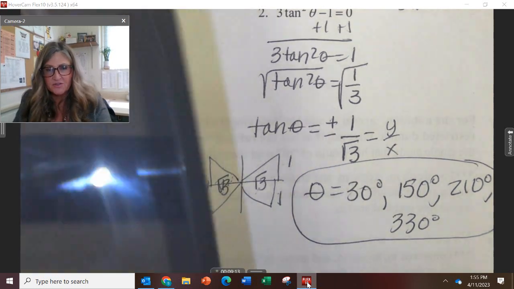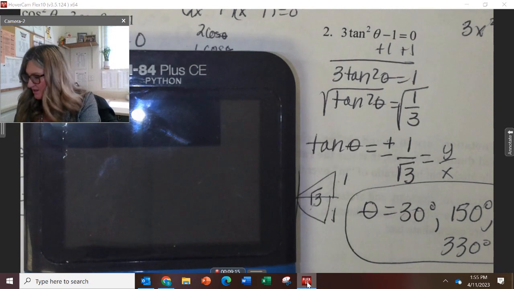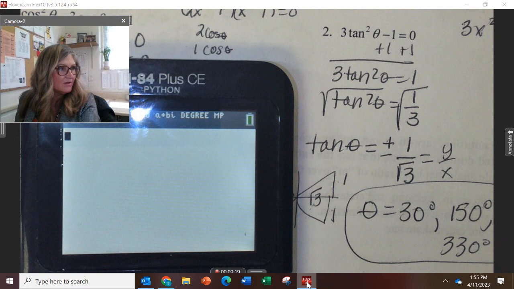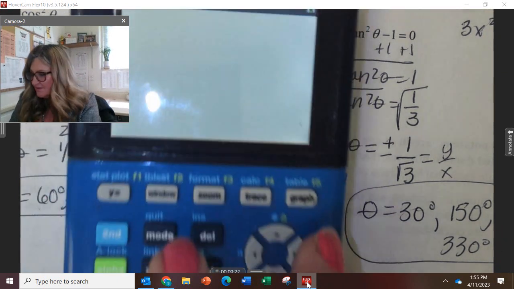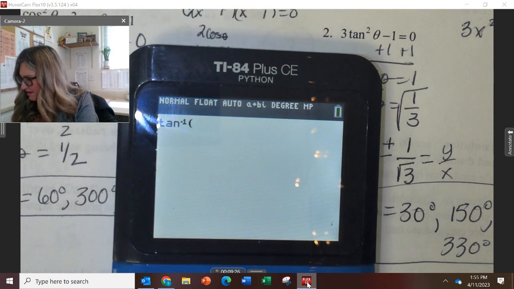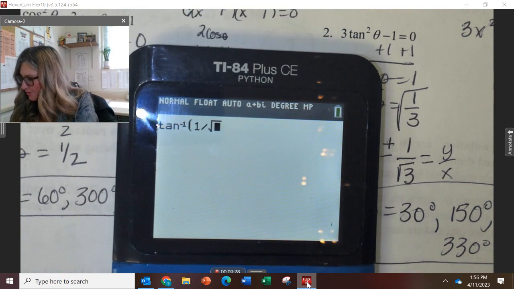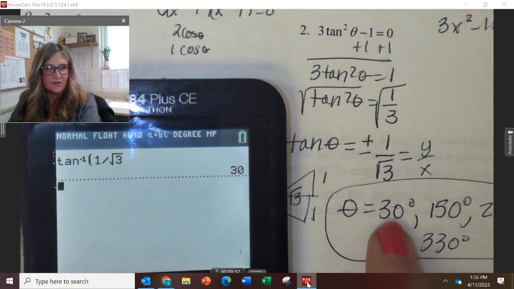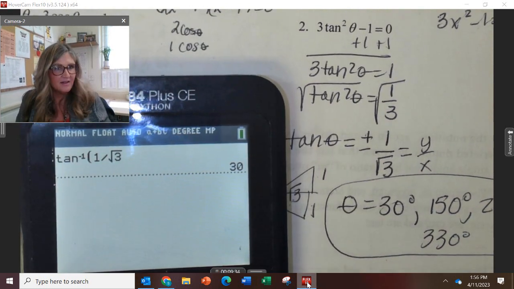If we wanted to use the calculator to check, what do I push when I'm looking for an angle? Second. So I do second tan of 1 divided by radical 3. And it gives me the reference angle. It's 30 degrees. Okay?